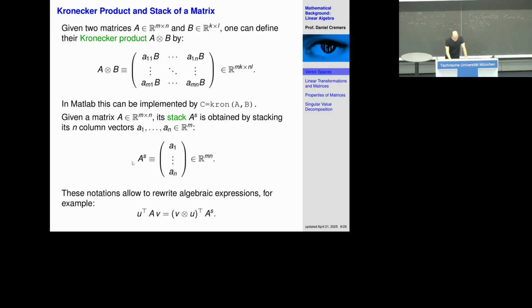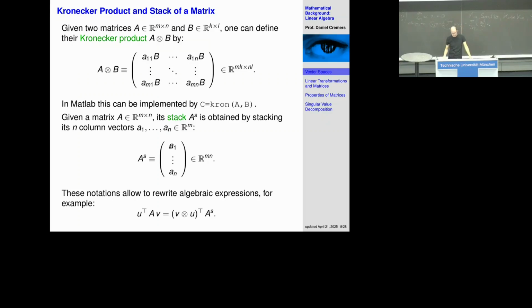Another notation: stack. A stack is basically you take the elements of the matrix A, all the columns of the matrix A, A1 through AN, and you just stack them as one long vector. So that vector contains the same entries as the matrix, just not in this square or rectangular form, but in a vectorial form.